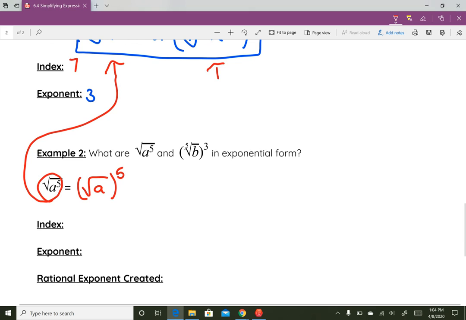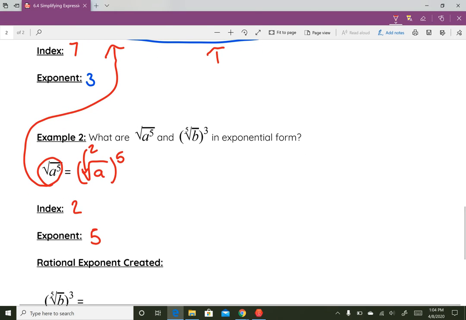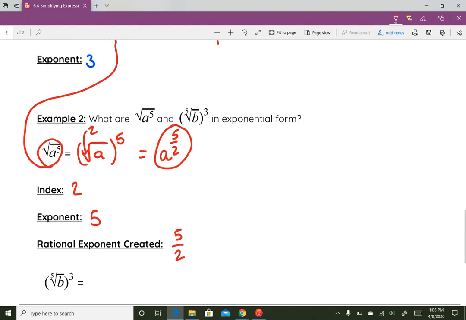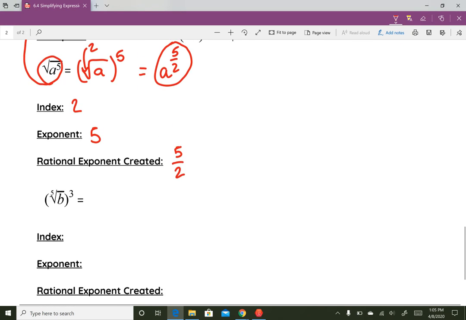So now these are the same thing. But now let's take a look. What's this index? It's still 2. But now what's my exponent? It's 5. So instead of creating a rational exponent of 1/2, it actually creates a rational exponent of 5 over 2. So this just becomes a to the 5 over 2. So either way you look at that, you're not wrong. You're going to get the same answer either way you go. Just something to take a look at.